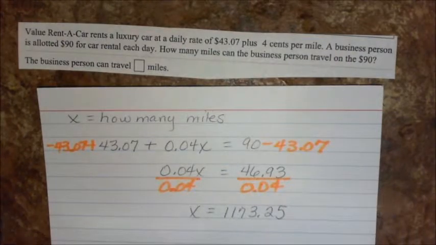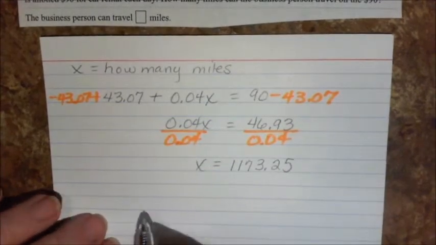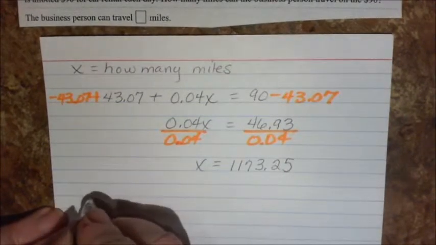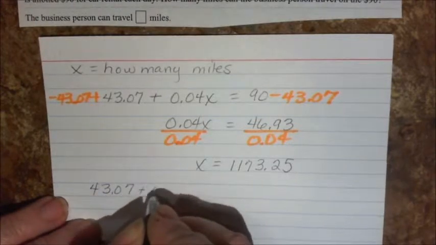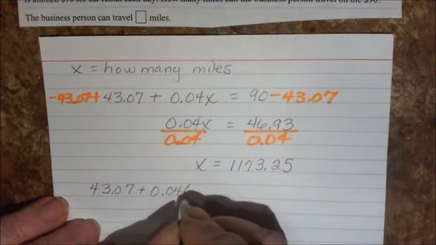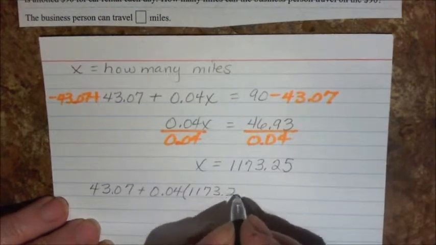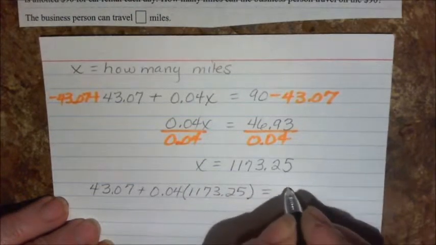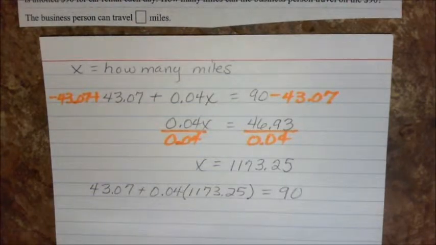Okay, how can we make sure that that's correct? If we're worried at all about that number, we could replace x in 43.07 plus 0.04 times x with 1173.25, and see if that really equals 90. So we could run that math in the correct order.